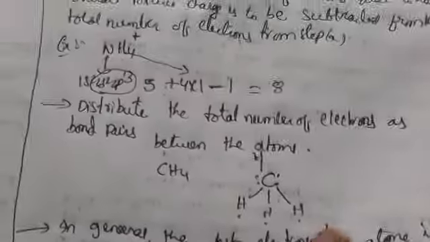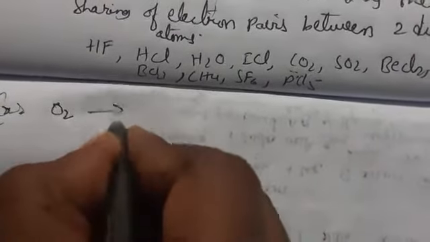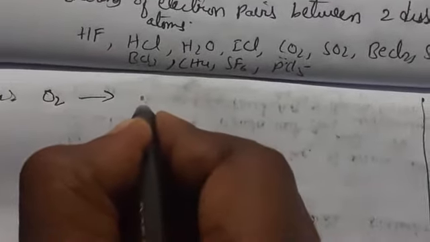Let us see one thing. If you take the example of O2, what does the Lewis dot formula represent?